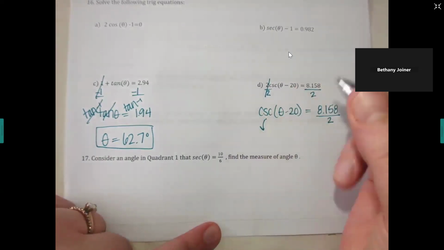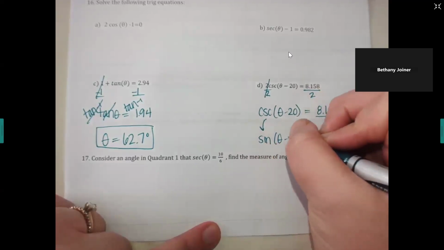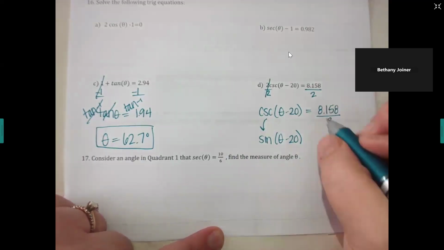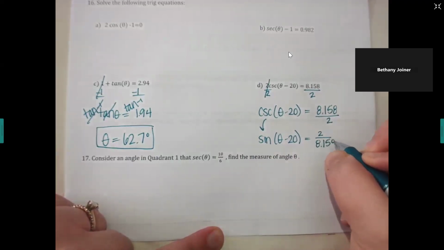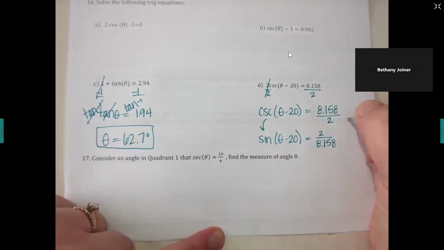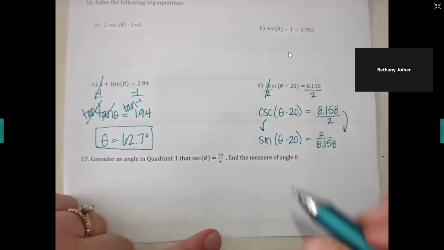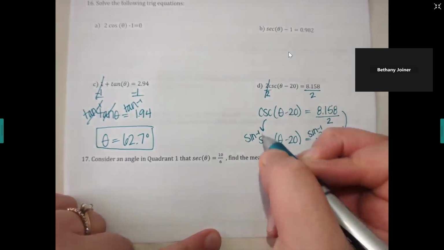It goes back to sine. So sin(theta - 20), and if I flip csc back to sin, I have to flip this side too. But since it's already a fraction, I can just flip what's there. So now it would be 2 over 8.158. And now that it's a sine equation, I have a button for that. I can use second sine to solve. So you'll do sine -1.